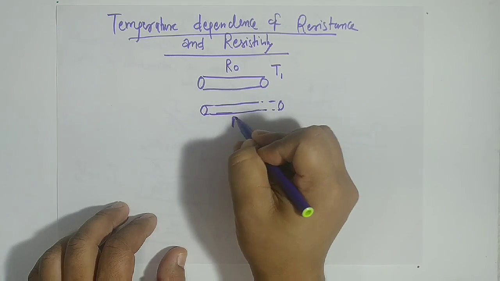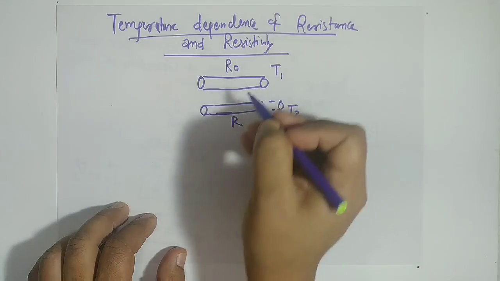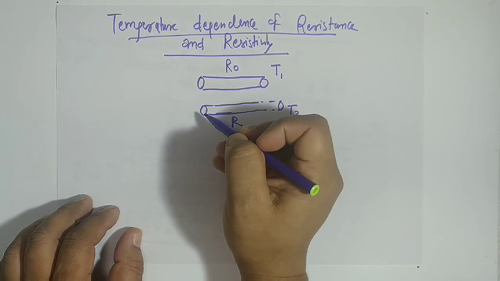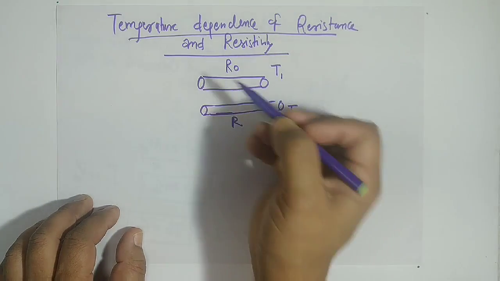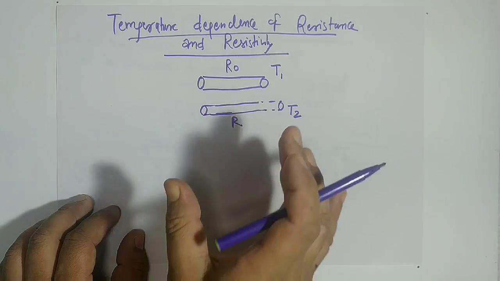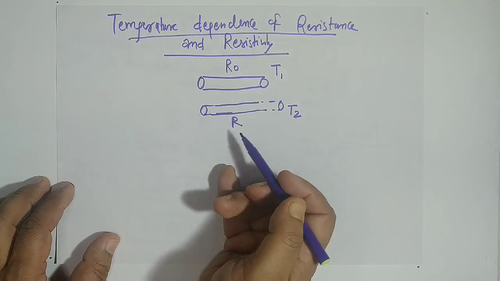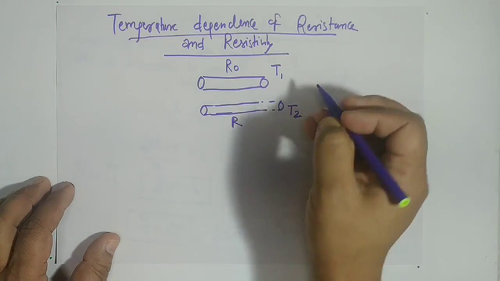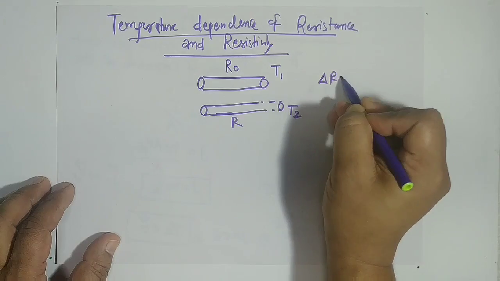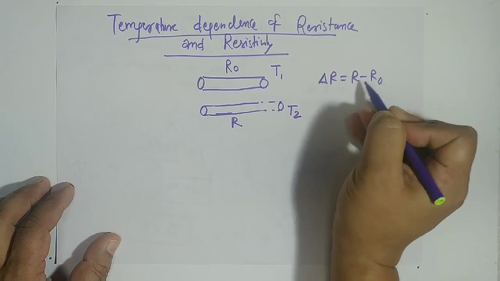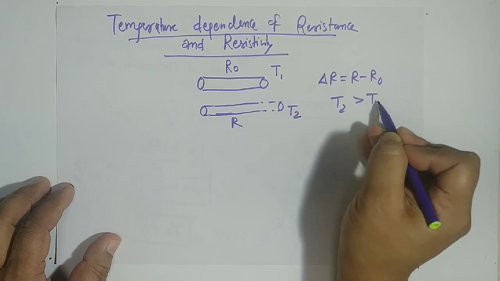It is R and temperature T2. Do you know linear expansion of class 11th? And this expression you will remember, I have explained it in 11th class. See here, R0 and R. Now, what is delta R? It is R minus R0. T2 is greater than T1. You have increased the temperature.